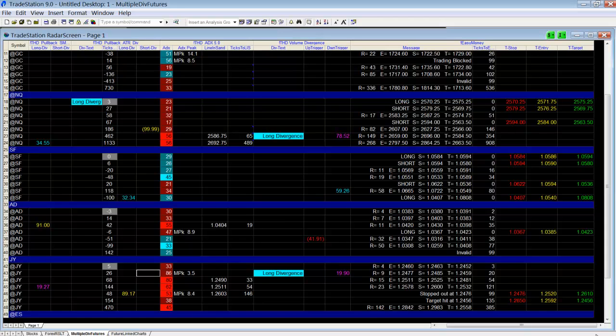It also tells us how many ticks are we from entry. So, for example, on the NASDAQ, we have 0 in both columns. On one, it says long, and on one, it says short. So, on the 3-minute, it's projecting a long, and on the 12-minute, it is projecting a short. It gives you both the stop, the entry, and the target.